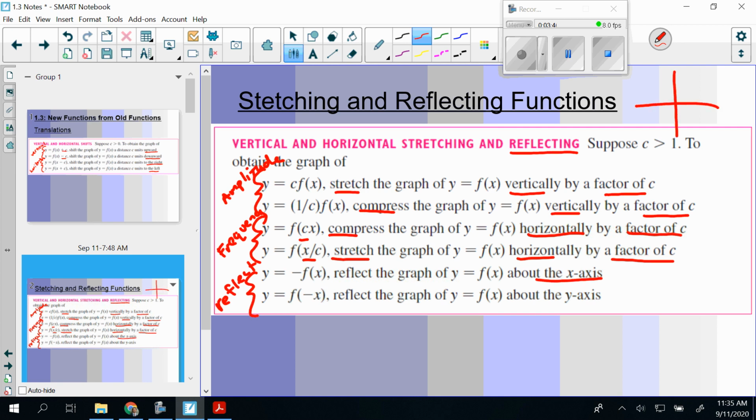Here's our graph. So if you switch something here across the x-axis, that's going up and down, that's vertically. If it's inside the function, we know that's horizontally. So that's going to reflect it over the y-axis. Again, if you have something here and you're reflecting over the y-axis, that's reflecting horizontally.